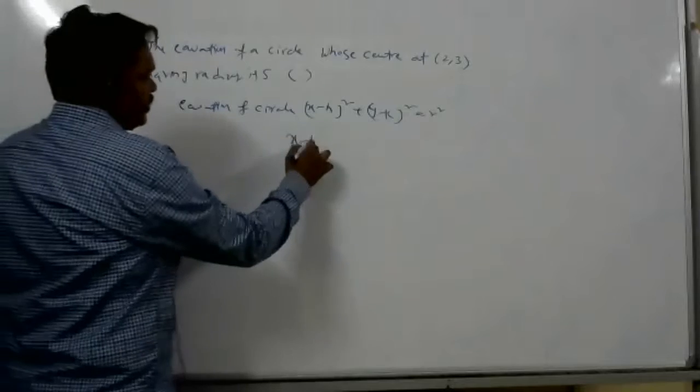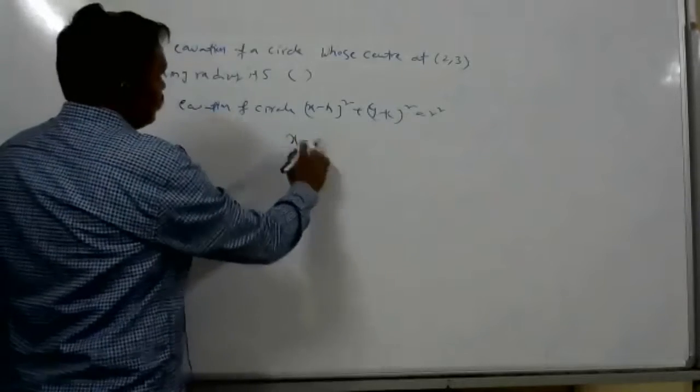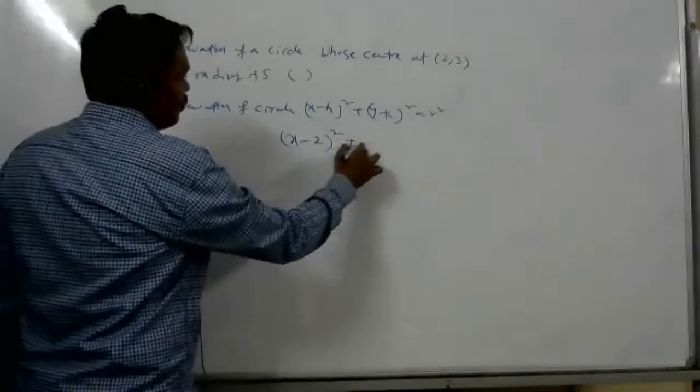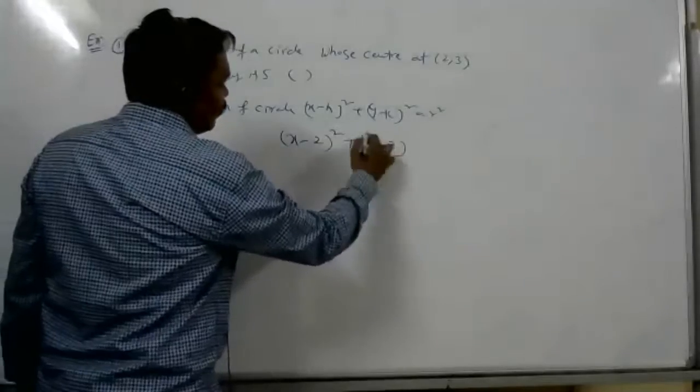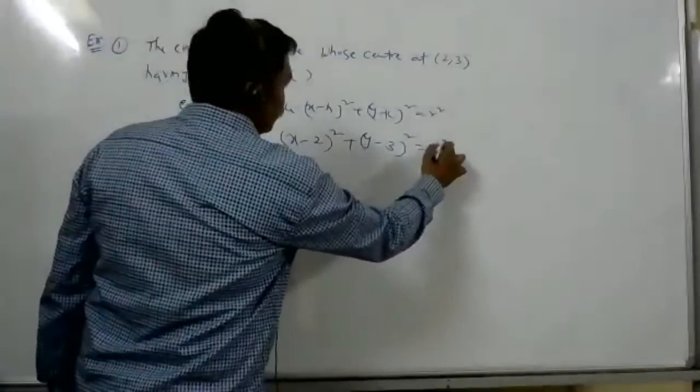Now x minus 2 whole square plus y minus 3 whole square is equal to 5 square.